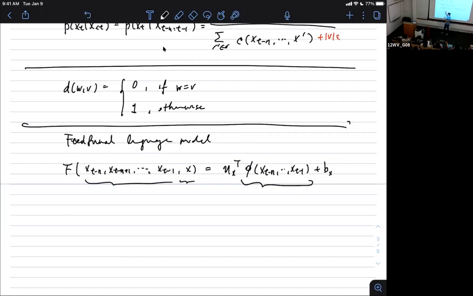Now we're using the n-gram Markov assumption, looking at the preceding n words, and then summing them. Training this feedforward language model, or the text classifier, allows us to estimate the embeddings of the words such that the embeddings of the words are going to be similar to the word that immediately follows. So when these words appear together with that word, the embeddings are going to be all similar.